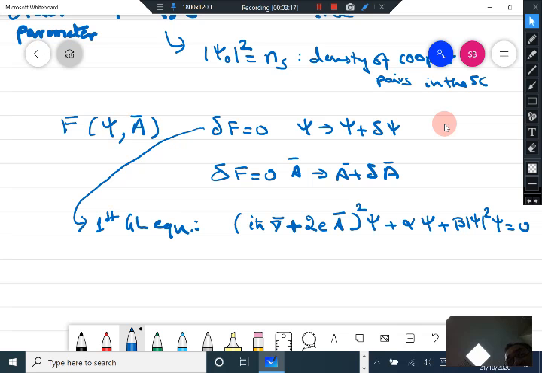So when you take the minimization of the free energy by psi going to psi plus delta psi, you have the first GL equation, which is written like this. This essentially represents the kinetic energy term, with 1 by 4m.